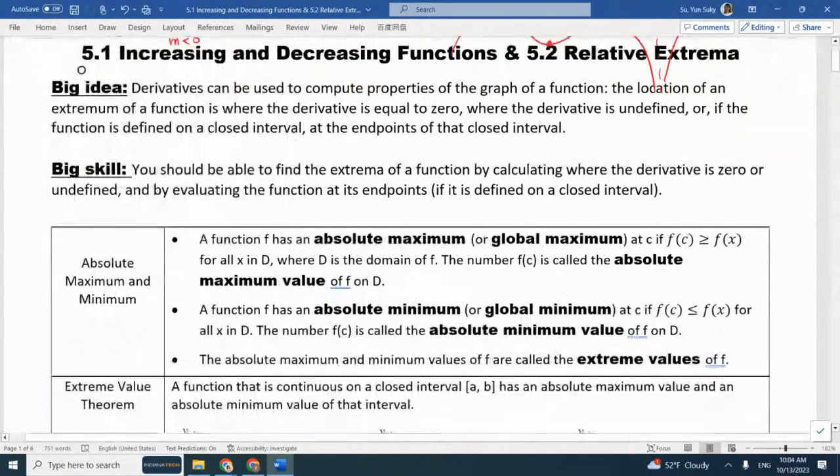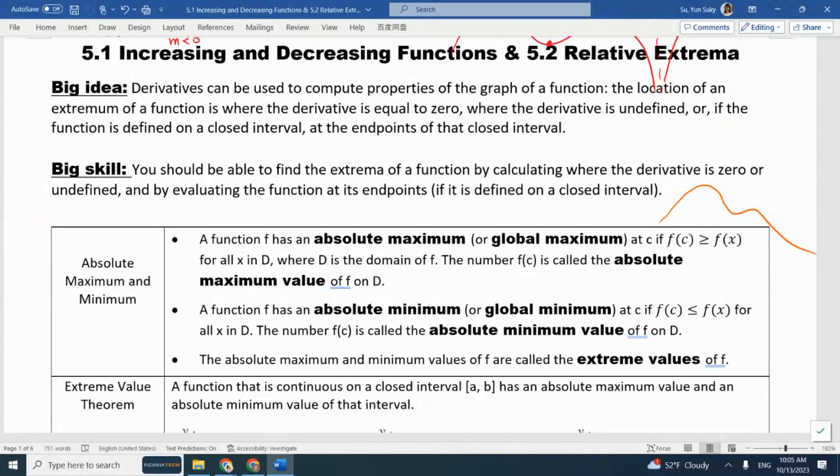Okay, let's look at some definitions. Absolute maximum and minimum. A function f has an absolute maximum, or we can say global maximum, at c if f of c is greater than or equal to f of x for all x in the domain D. So if you draw a picture like this, then this is a global maximum, or absolute maximum, because it's the highest point of all the points in the domain.